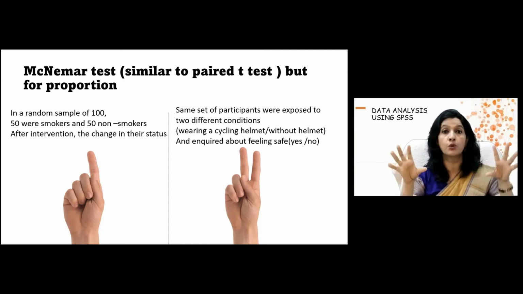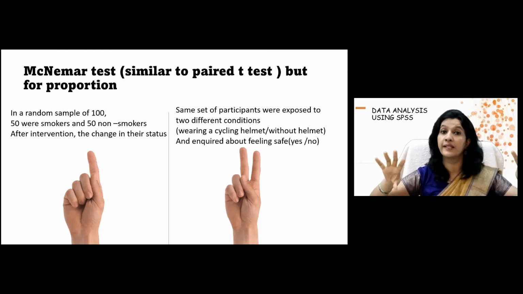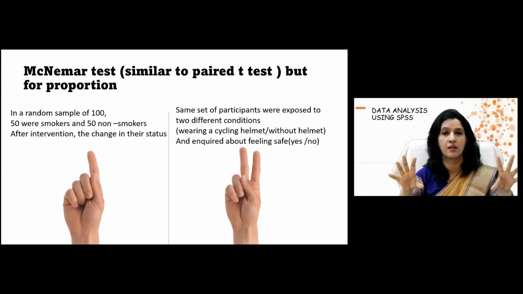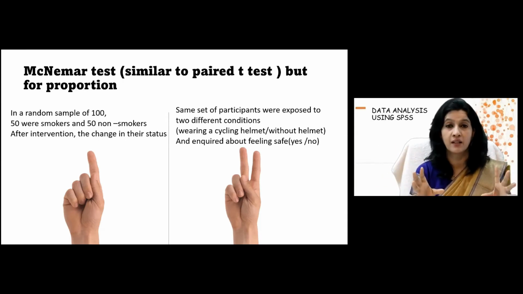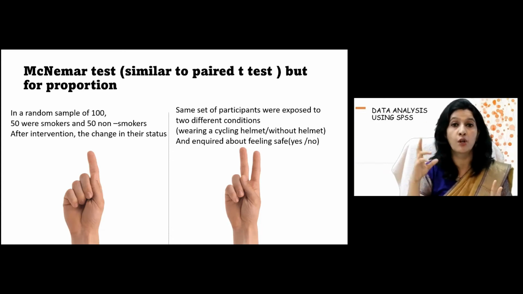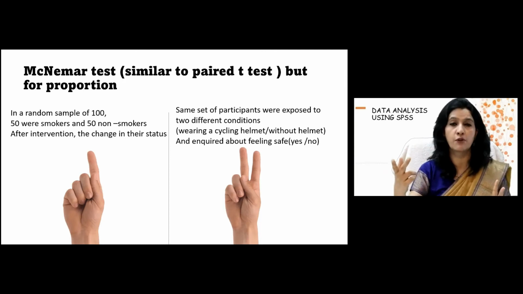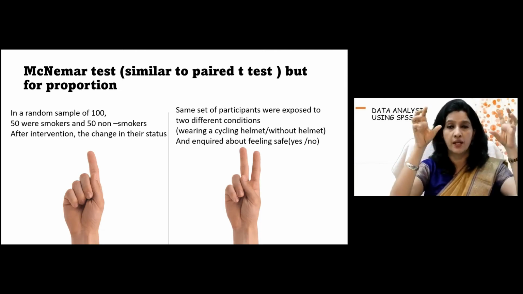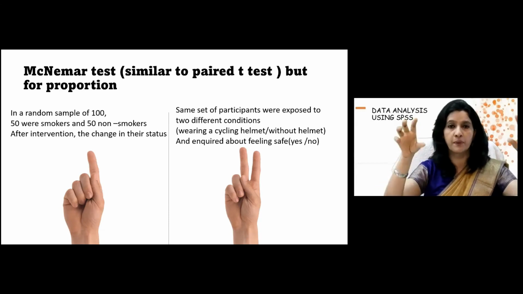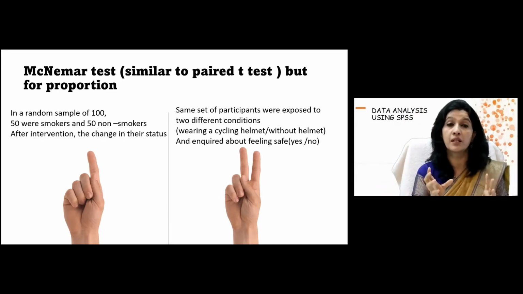It is not two different sets of people like we have in the independent sample t-test. I hope you are getting the difference of that concept which we repeatedly talked about, the independence of observation. If there are different sets of people in the two groups, we say the independence of observation is maintained.